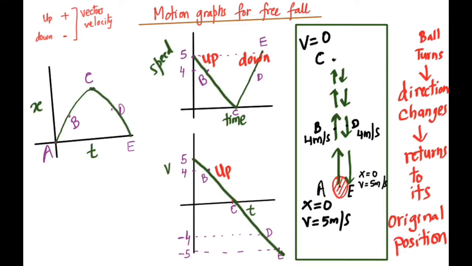So for the downward part, we can see that the slope is negative as well as velocity is negative. That means as the object is moving downwards, it's going to accelerate because slope as well as the velocity is negative. For the upward part of the graph, we can see that the slope is negative and velocity is positive. That means it's decelerating. So that's how we complete the motion graphs for free fall.